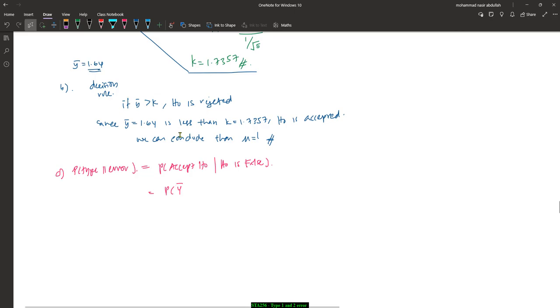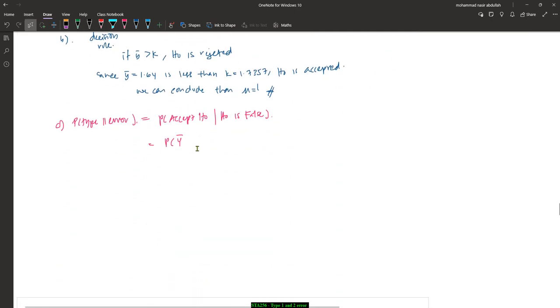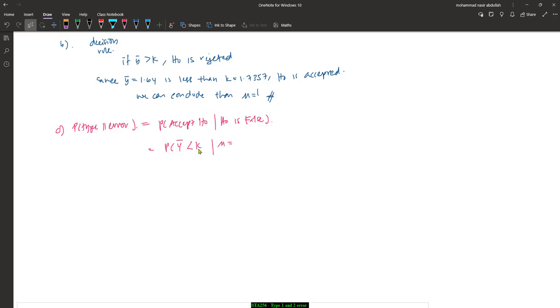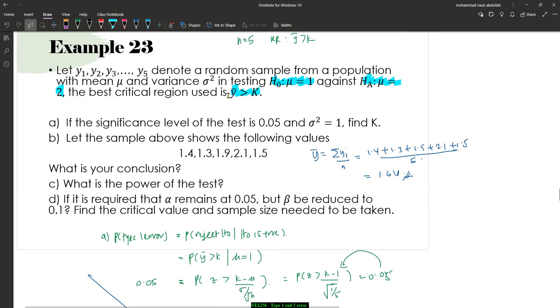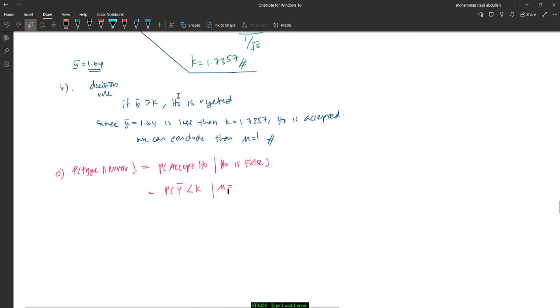So to accept null hypothesis, y bar should be less than k, right? Less than k, and null hypothesis is false. I mean alternative hypothesis is true. Mu is equal to 2, right? Tengok soalan balik. So this one should be very simple. So probability of z less than k is 1.7357, right?